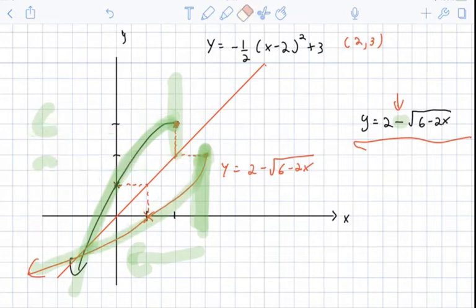And similarly, because our parabolas have a maximum or minimum point, the domains of our parabolas are going to be less than some number. So that's the reason.